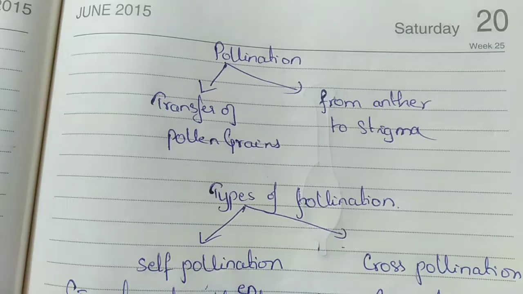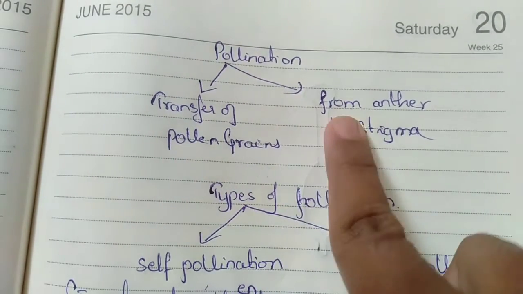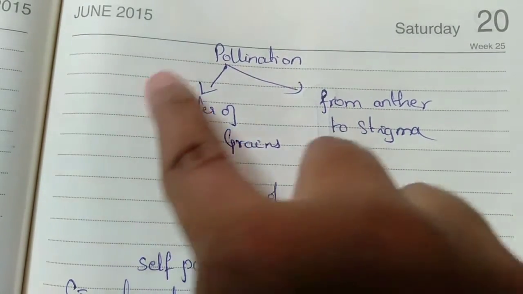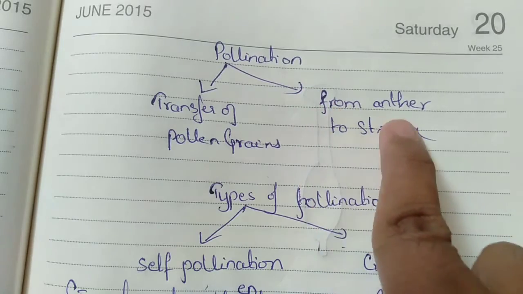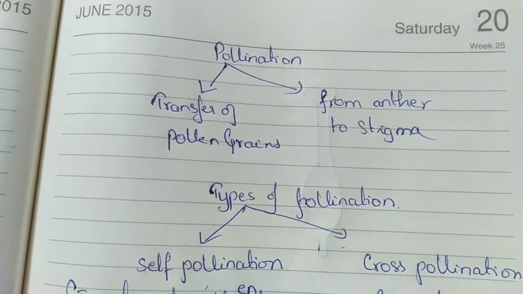When it picks it, all the pollen will stick to the insect. And when that insect goes from one flower to another flower, the pollen will stick to the stigma.